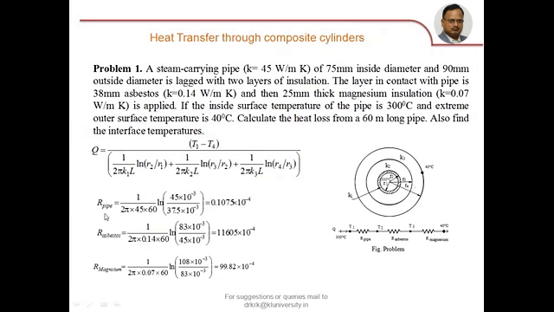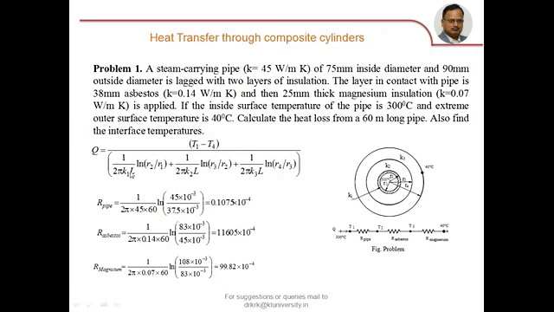So let us calculate the pipe resistance. You know R2 and R1. We know the K1 value for the pipe, 45, and this is the pipe resistance in degrees centigrade per watt. Similarly, asbestos in degrees centigrade per watt. Similarly, magnesium in degrees centigrade per watt.